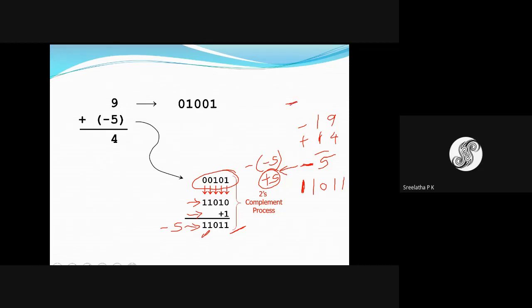Now find the 2's complement of it. First the 1's complement, so 0, 0, 1, 0, 0, plus 1, you get 1, 0, 1, 0, 0, that is 5. So whatever bit pattern you have got after this operation stands for minus 5, minus because the most significant bit is 1.